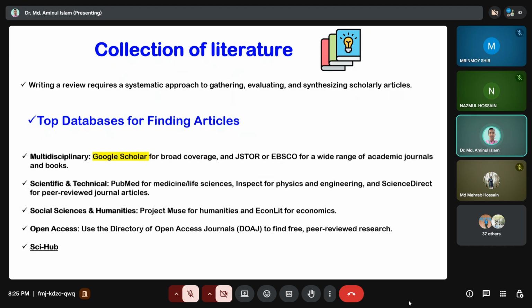Nowadays, you can easily collect articles using Google Scholar for multidisciplinary subjects, and you can use other databases, for example, PubMed for medicinal life sciences, and you can also use SciHub for collecting full PDF copies of literature.